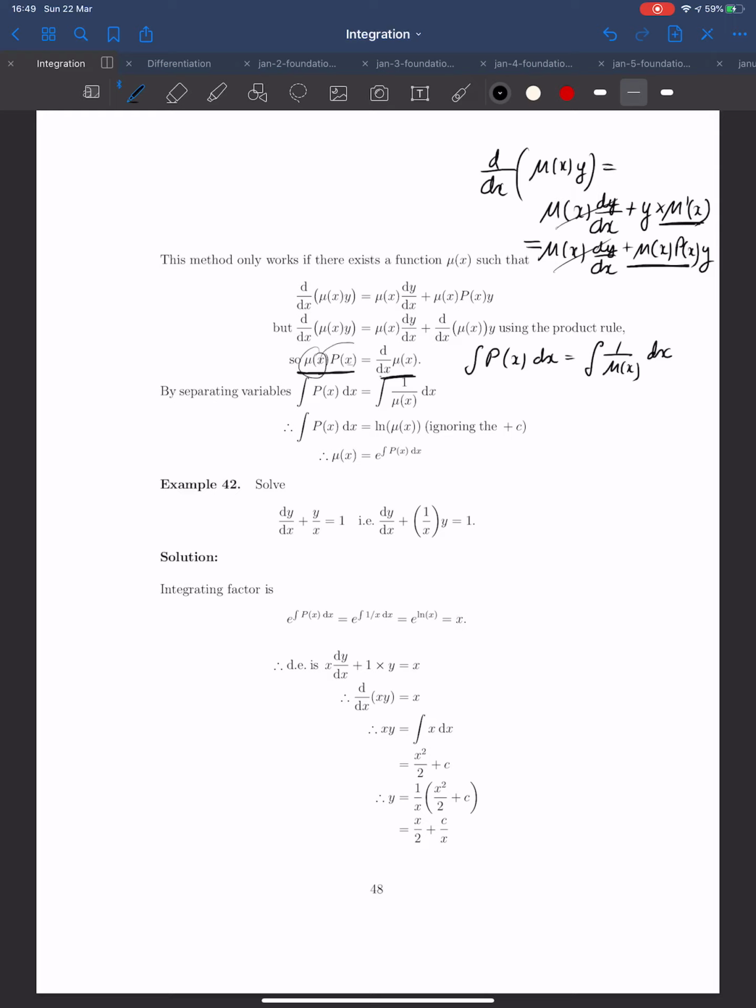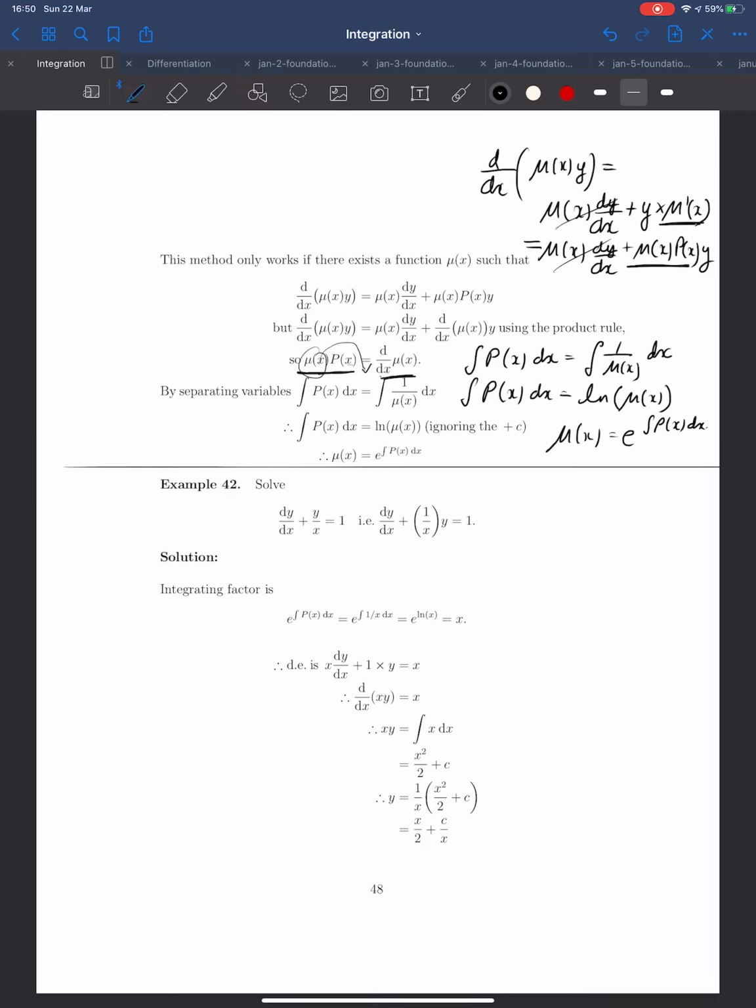Because we're going to put that one down there and then integrate both sides with respect to x. So the integral of p of x dx, you don't ever have to remember this, is log mu x, and we ignore the plus c. So you actually end up with mu x is e to the integral of p of x dx. It's a lot easier in practice. So you don't ever have to remember that. That's just an explanation of where all that comes from.